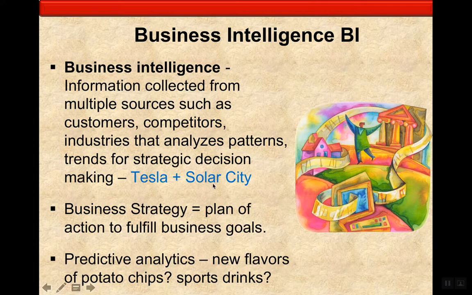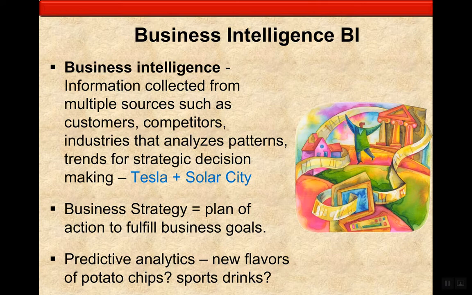Right? You have to have a business strategy, a plan of action. We define it, formal definition, as a plan of action to fulfill business goals. In order to execute a strategy, you need to have information to make the best possible decisions to execute.